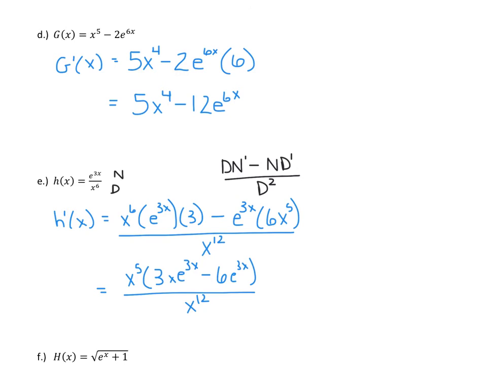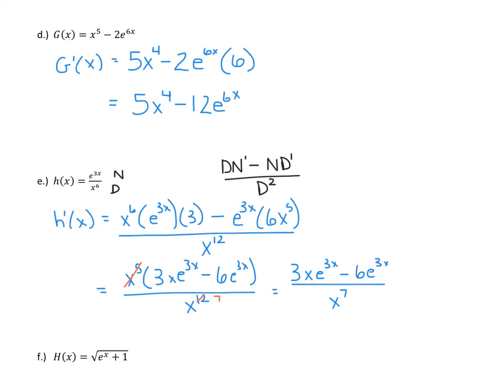So now the x to the 5th will cancel out with some of the x's on the bottom, so we'll be left with x to the 7th in the denominator. So now we have 3x e to the 3x minus 6e to the 3x divided by x to the 7th. So there's our derivative of h of x.